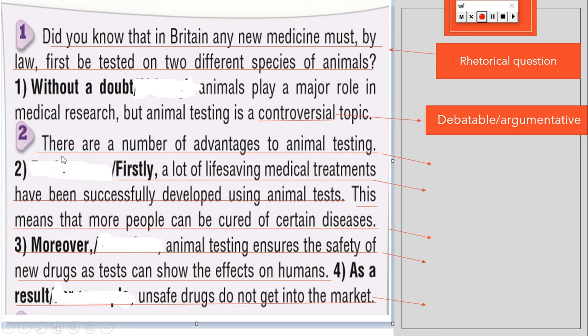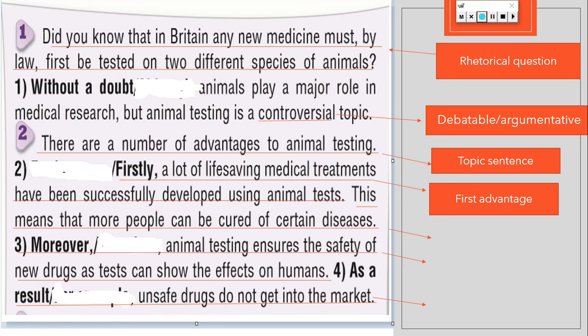There is always a sentence to show that we are going to talk about either the advantages or the disadvantages. So there are a number of advantages. So this paragraph will be about advantages, and this sentence is the topic sentence. Here, as you can see, this linker firstly, and then we have another linker. So this is to give the first advantage.